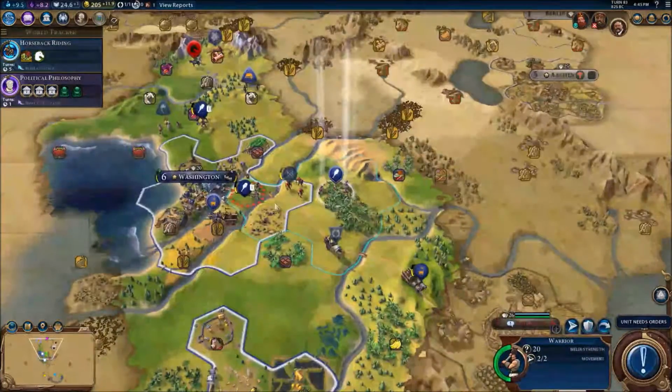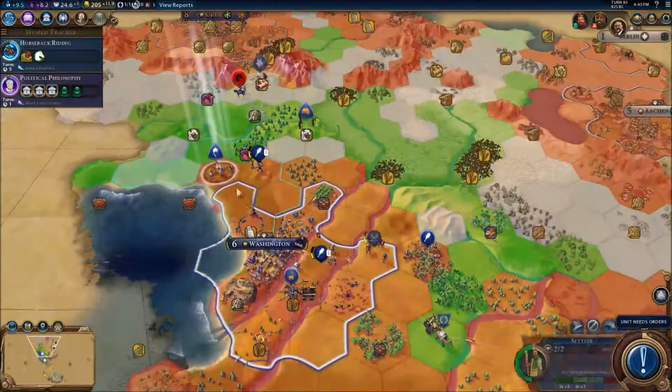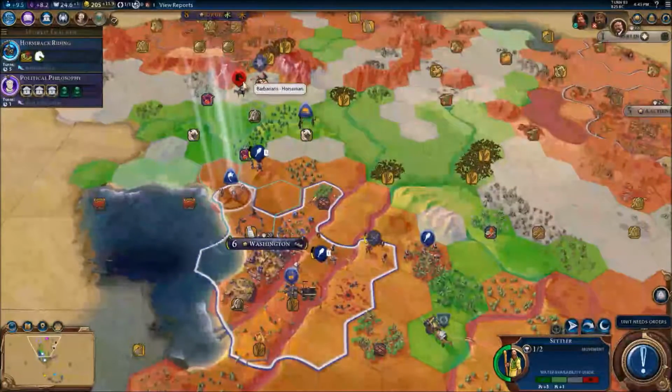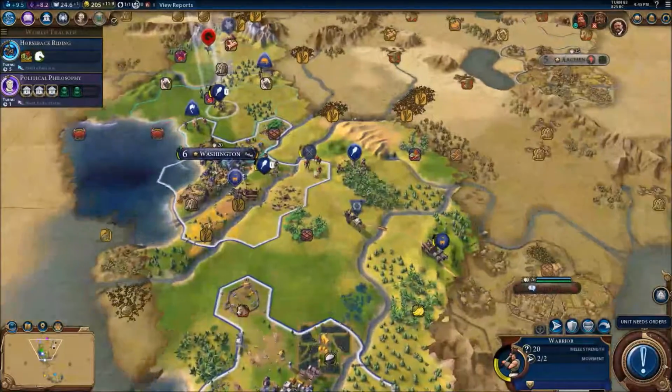Huh, that's going to be interesting. We've got barbarians. In fact, let's have our settler fall back for right now, because I don't want the barbarians taking on our settler.